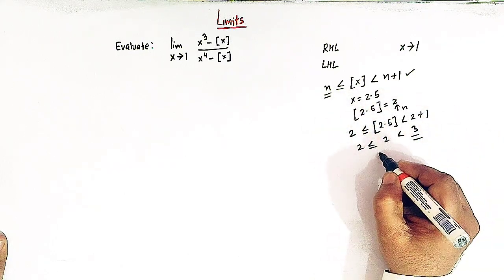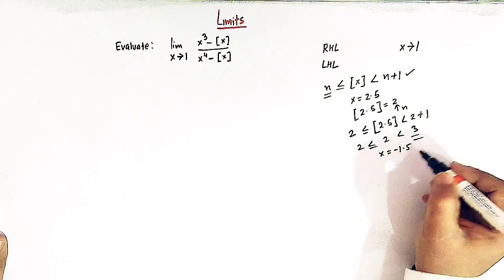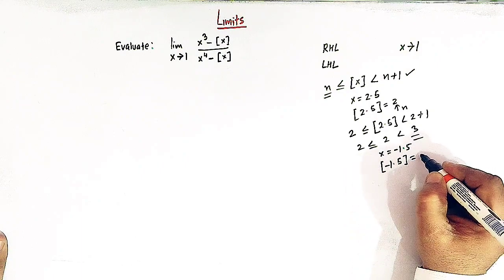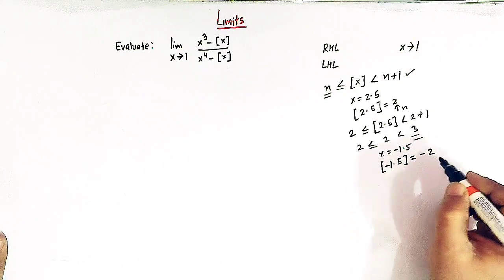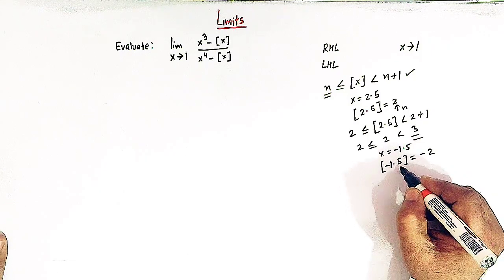Similarly, if we have a negative number, say minus 1.5, then the greatest integer of minus 1.5 is equal to minus 2, because minus 2 is the greatest integer less than minus 1.5.